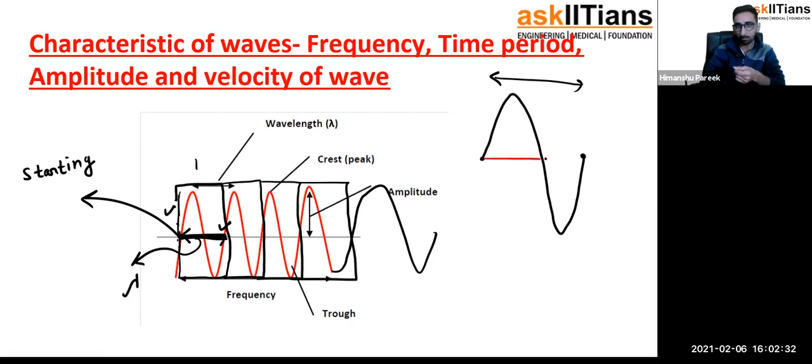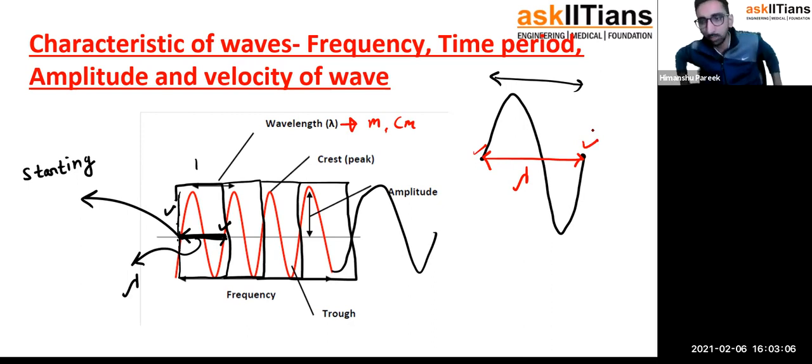Distance traveled by the wave in one oscillation is called wavelength, and the symbol is lambda. What will be the unit of it? It's a distance, so the unit will be meters, centimeters, angstrom. In that way, we can measure the wavelength. So I hope you have understood: the energy which started from here has reached here when I bring my hand back.